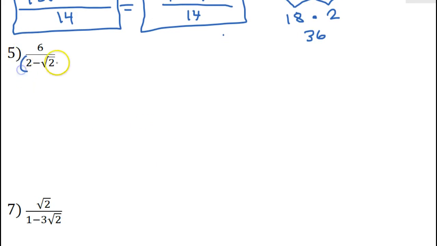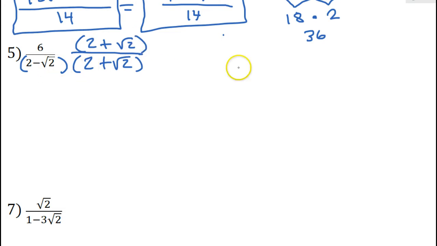So on problem number 5, the conjugate would be 2 plus radical 2. All right, I'm going to do this off to the side. So I'm going to do 2 minus radical 2 times 2 plus radical 2.